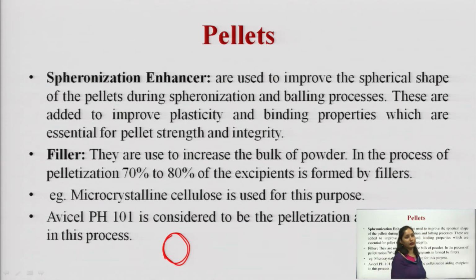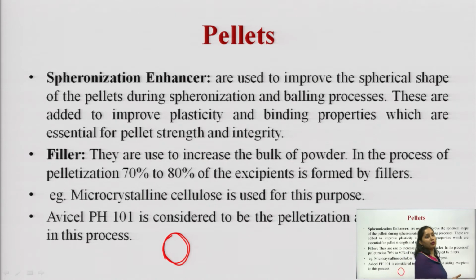Then fillers, they are used to increase the bulk of the powder in the process of pelletization. Okay. Fillers are also known as bulking agents, and they are generally incorporated into the formulation to increase the required bulk of the powder.